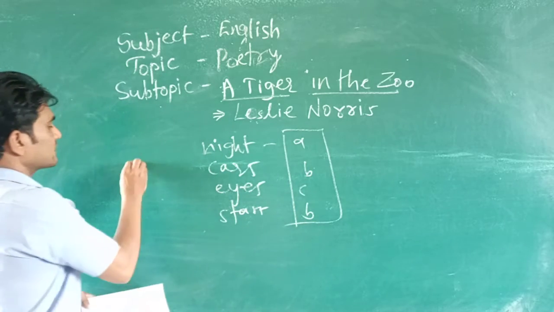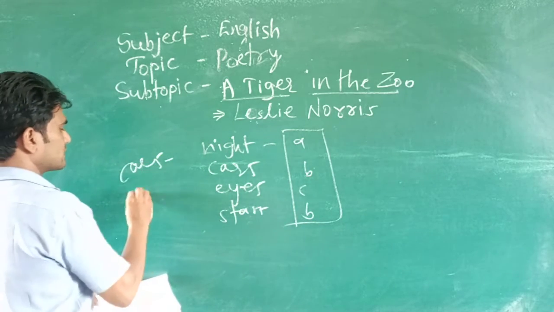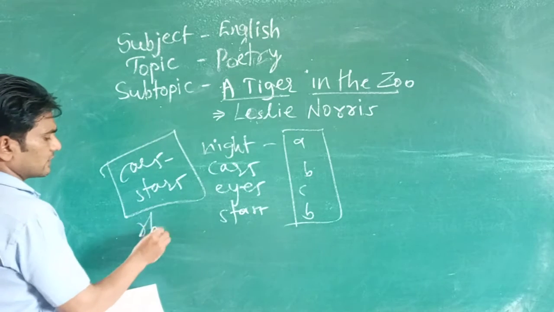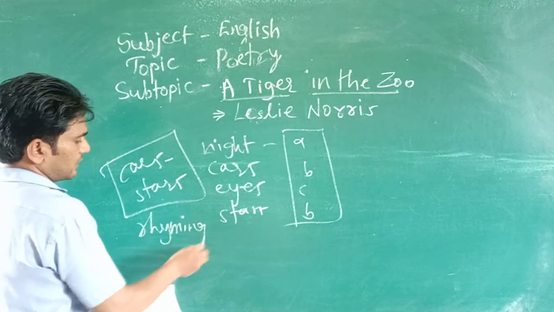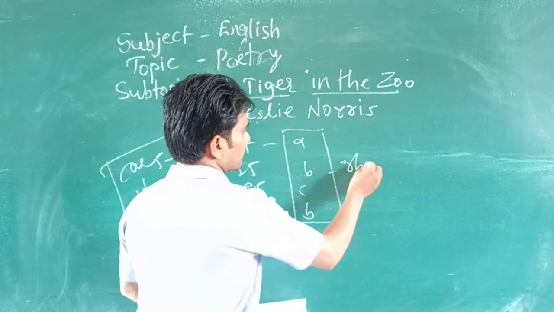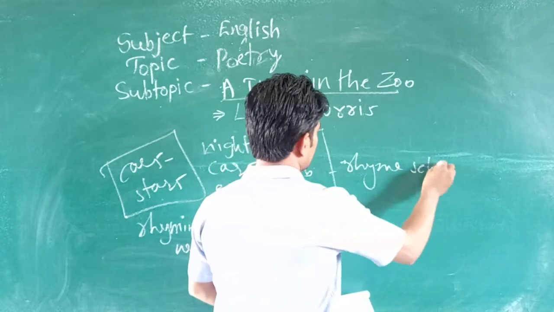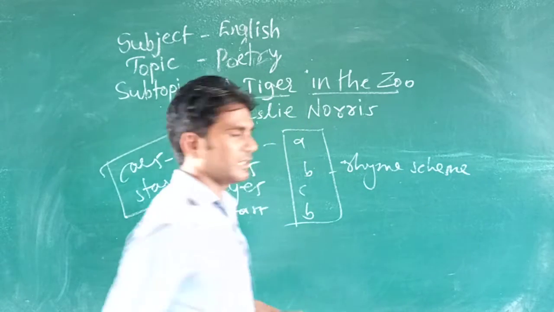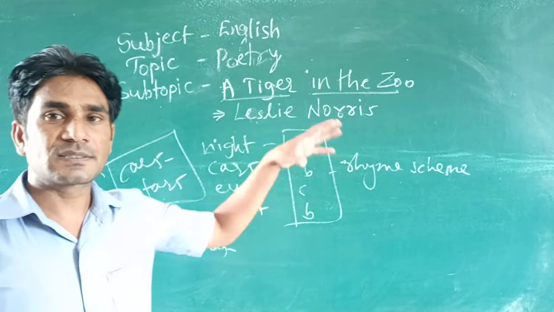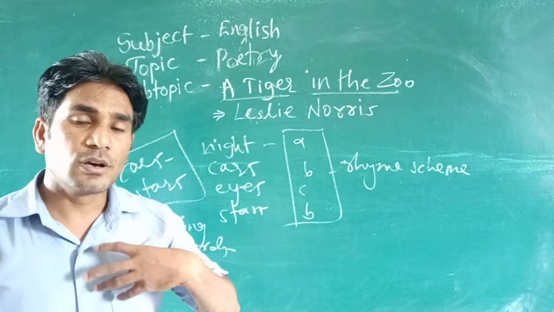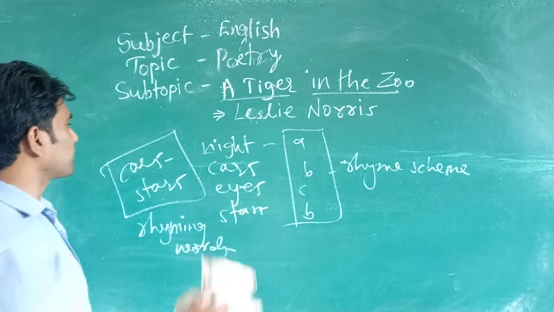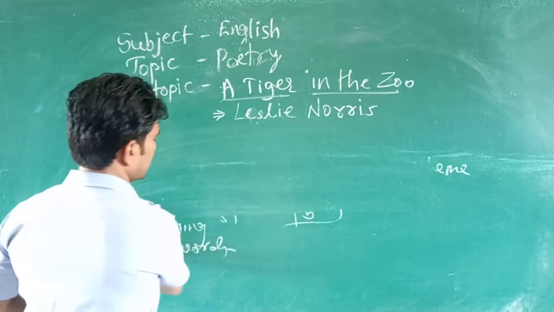Cars and stars are the rhyming words. This rhyme scheme is followed throughout the poem.